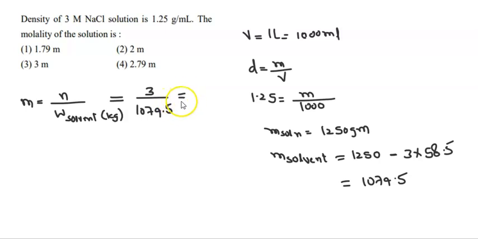That will be equal to 2 point. So it is there in grams. That's why we have to multiply with 1000 here. So 3000 by 1074.5 will be equal to 2.79, which is there in option 4.